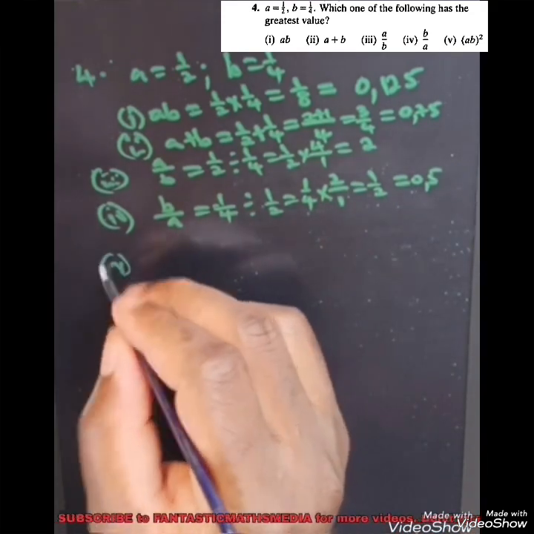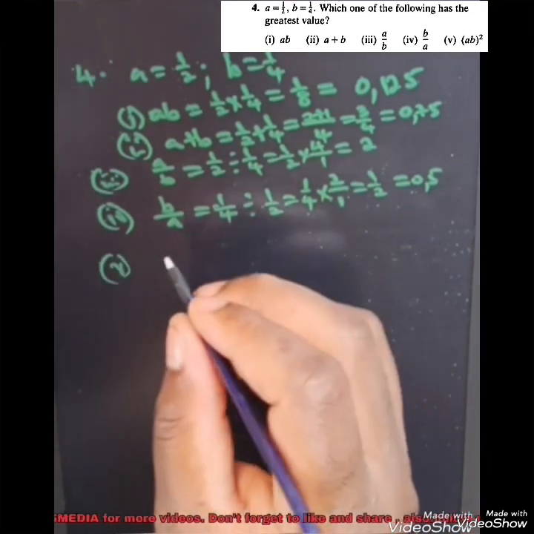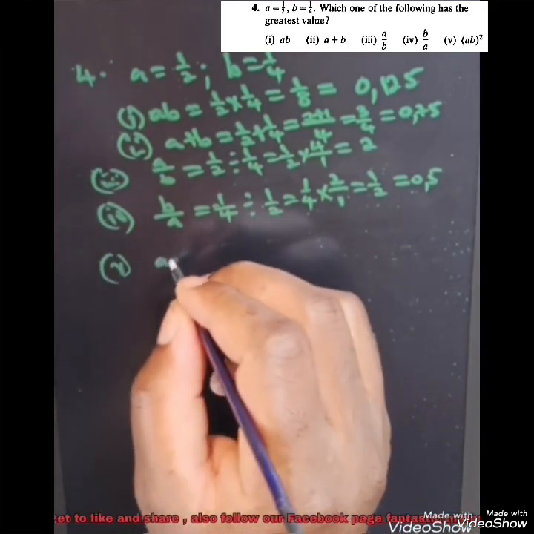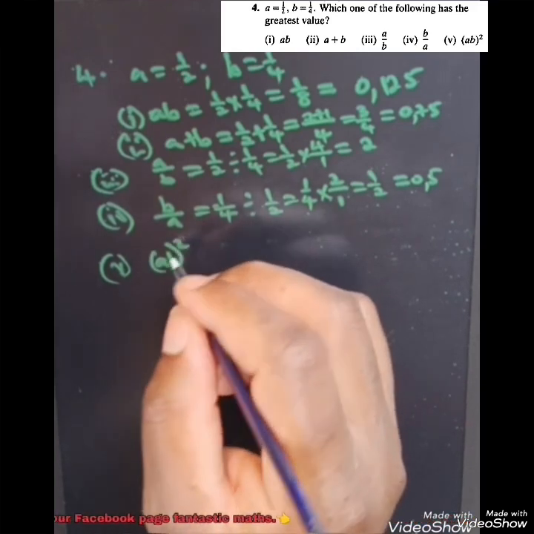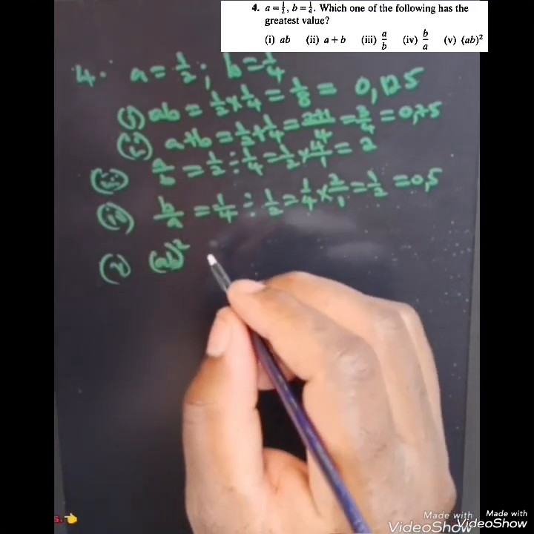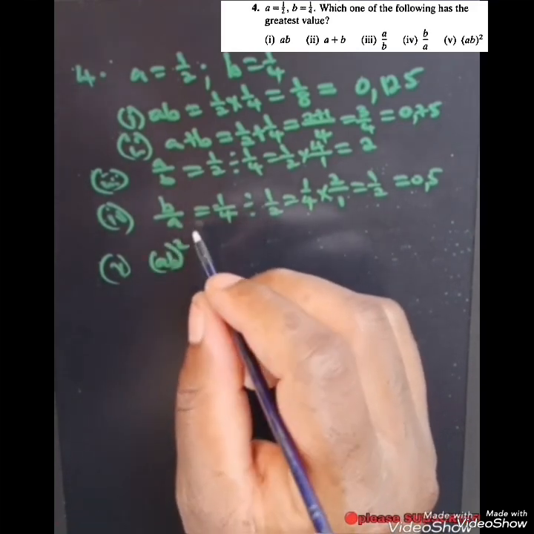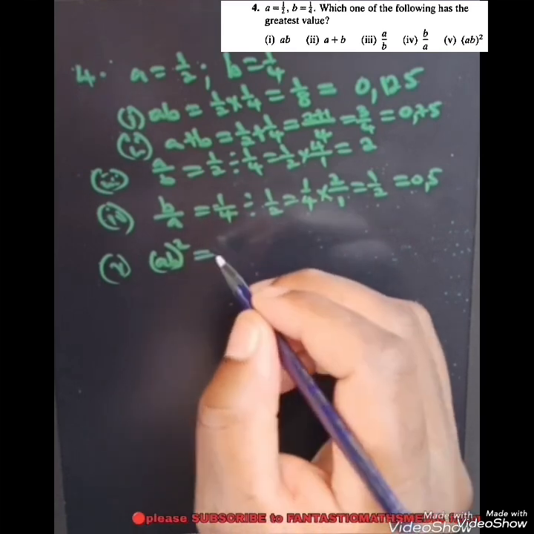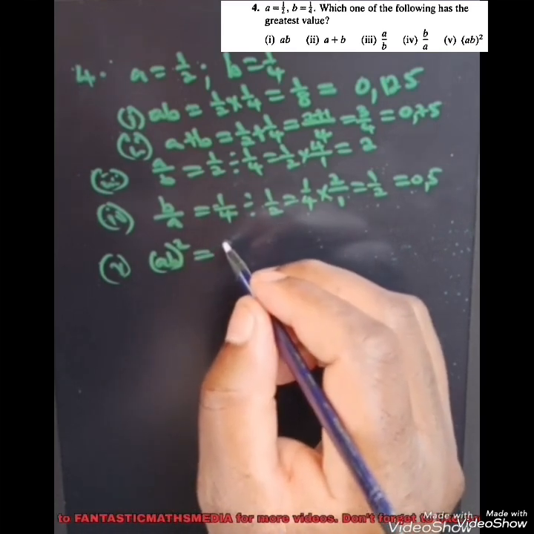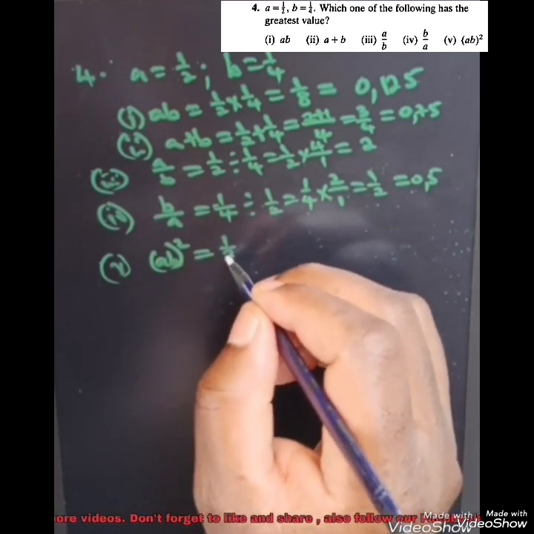Let's move on to part 5: A, B squared. If you see on item 1, we've already worked out AB squared, so we are going to substitute the value for AB squared, which is 0.125.